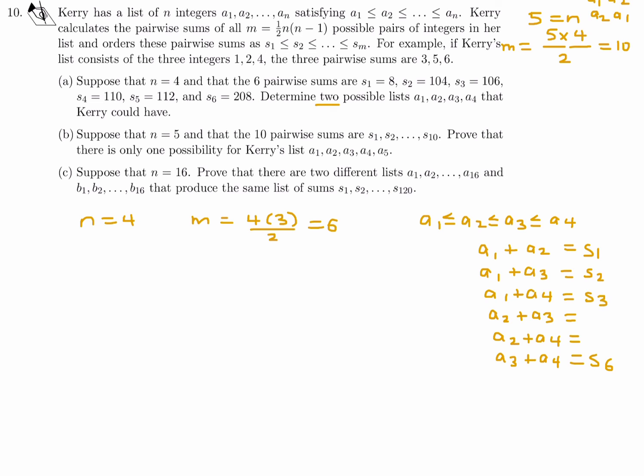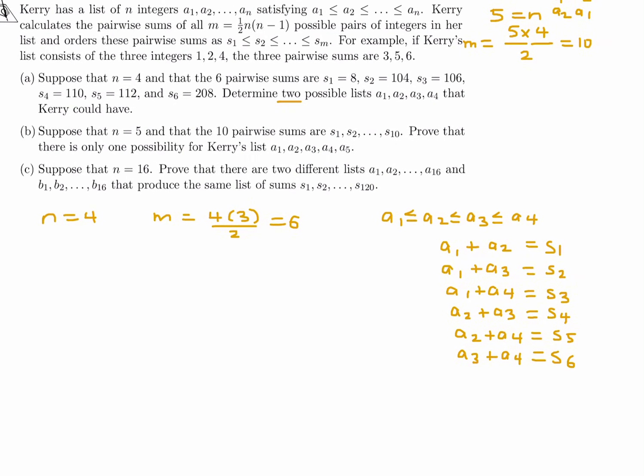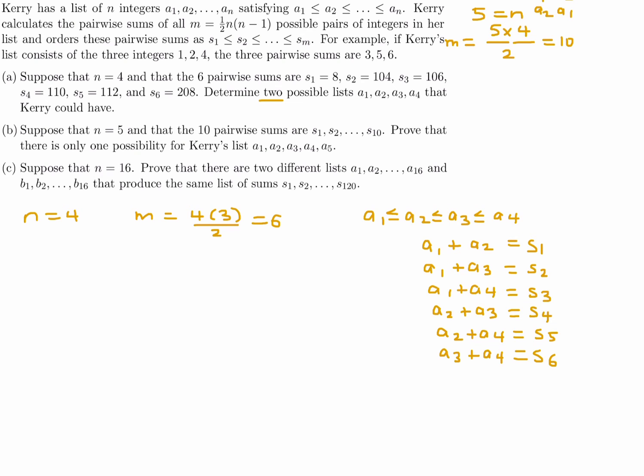For the first one, I'll just do them in order, S1 through S6. Each of these they've given me numerical values: 8, 104, 106, 110, 112, and 208. So I've got 6 equations and 4 variables. I think I can easily solve this.